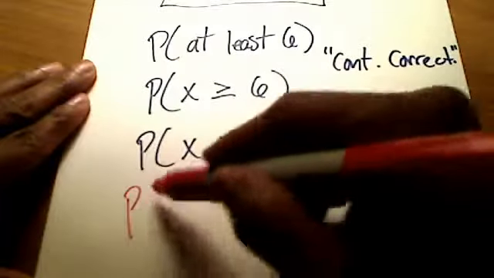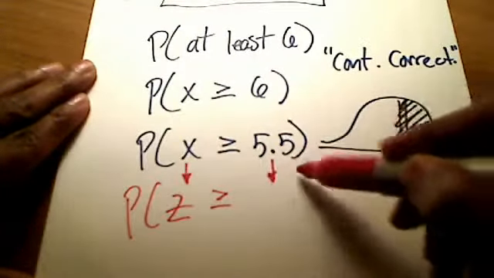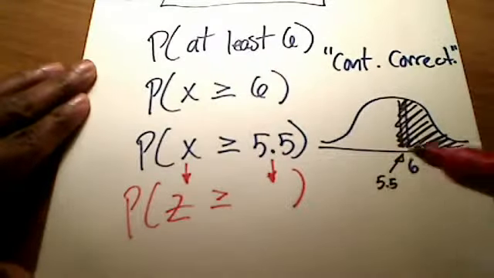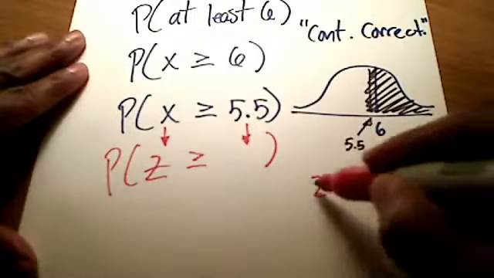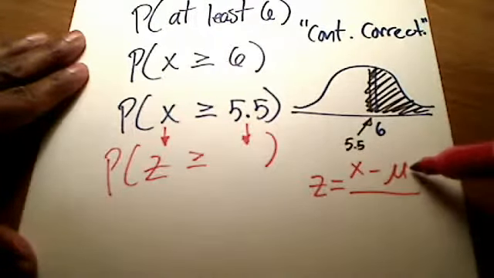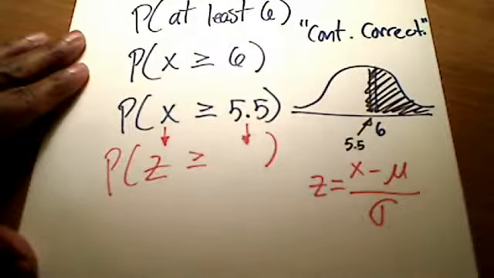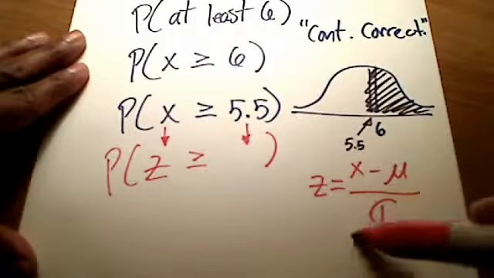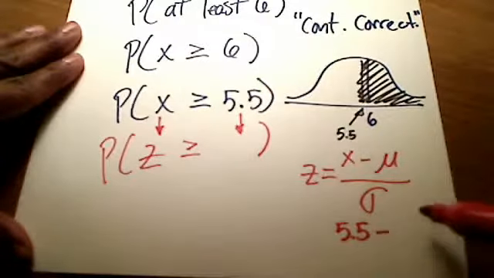So what I'll have to do is convert this x value into a z value. Okay, I need to convert that into a z value. The way to do that is with this simple formula that says, hey, subtract from the x the mean and divide by the standard deviation. Okay, so you're going to plug in 5.5 for your x value. You're going to subtract from that the mean.